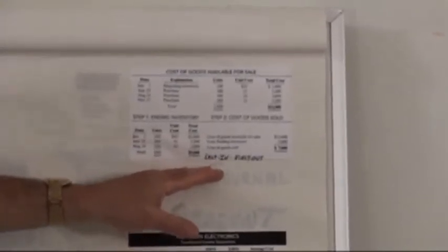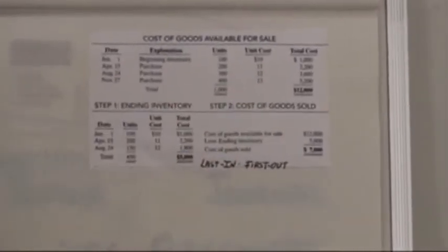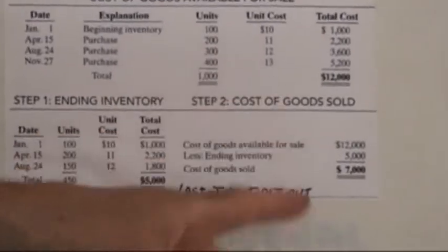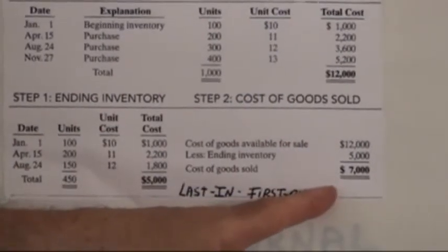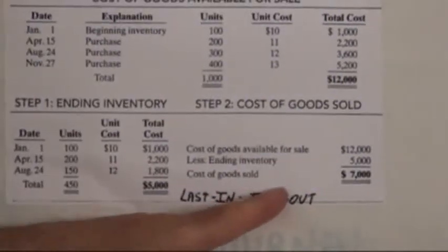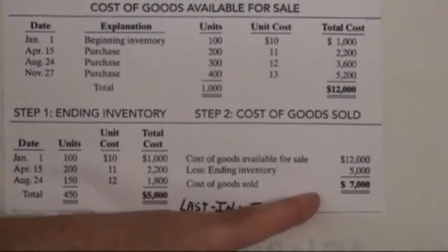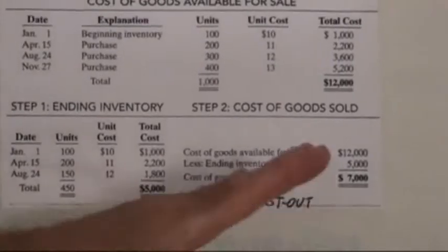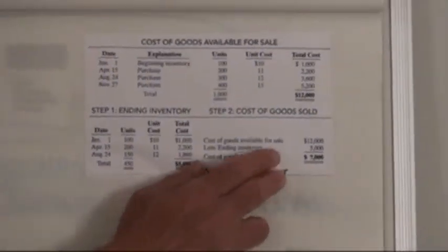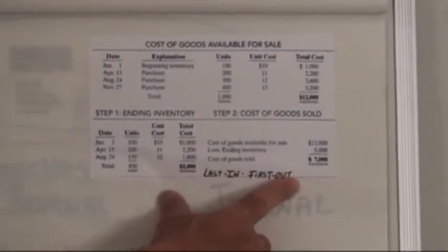A lot of companies with rising costs like using this method because they get their greatest cost out the door into cost of goods sold, and therefore can lower their income and pay less in taxes. Right now this is allowable by the Internal Revenue Service, not just generally accepted accounting principles.